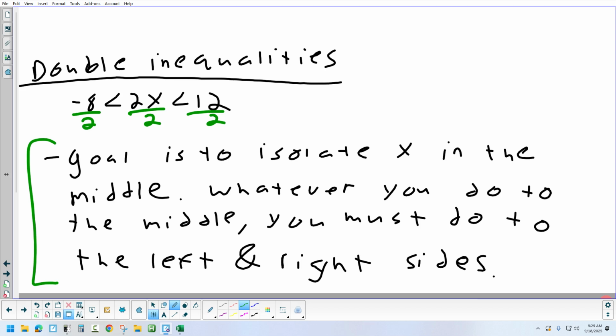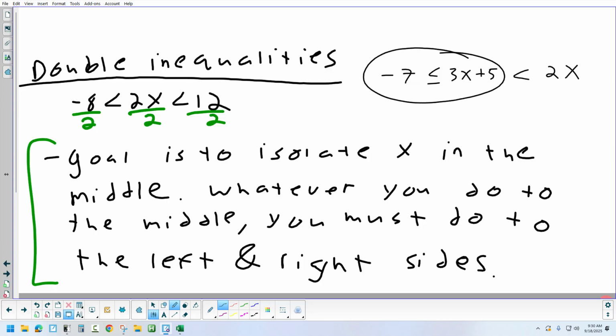So it's like an equation, but you have to do it in 3 spots. The problem comes in when you have variables in multiple spots. So like if you had something like -7 is less than or equal to 3x plus 5, which is less than 2x. Well, in that case, it might be easier to split that into 2 problems, right? And then just solve each one separate. So you might want to take this and write that as one problem.